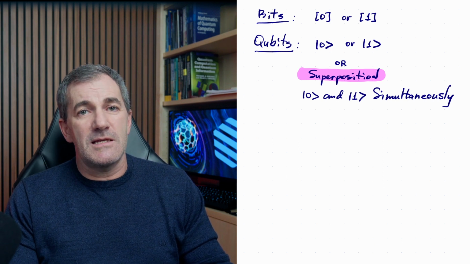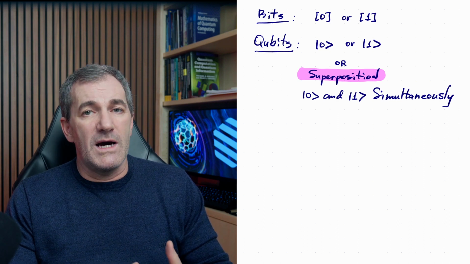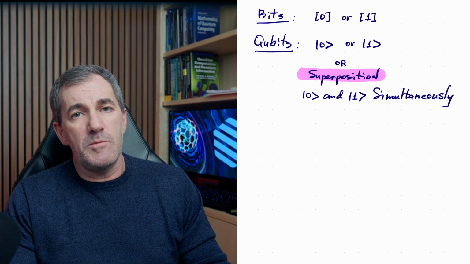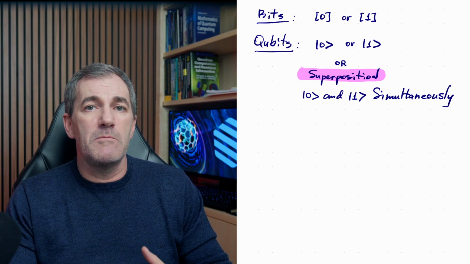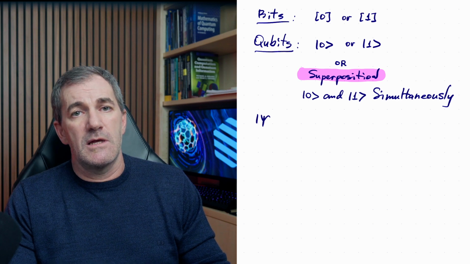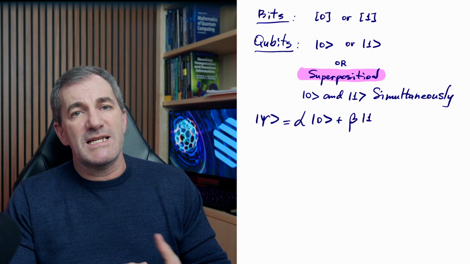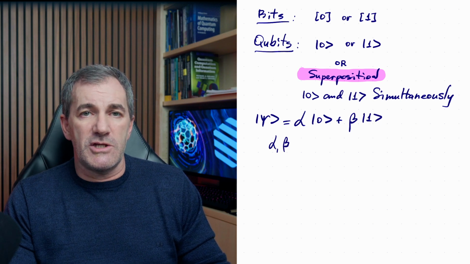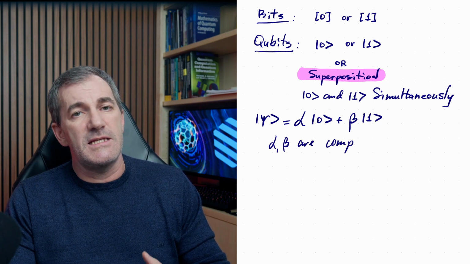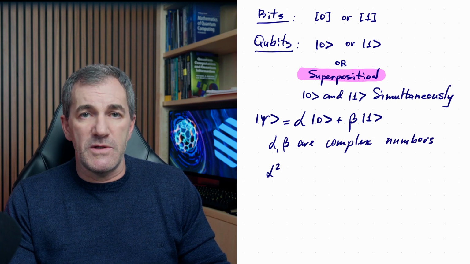Superposition is not about uncertainty whether the qubit is in state 0 or 1. Superposition means that the qubit is simultaneously in both states 0 and 1. In mathematical terms, that could be expressed as any given qubit psi being a linear combination of state 1 and state 0, with alpha and beta being respective amplitudes.